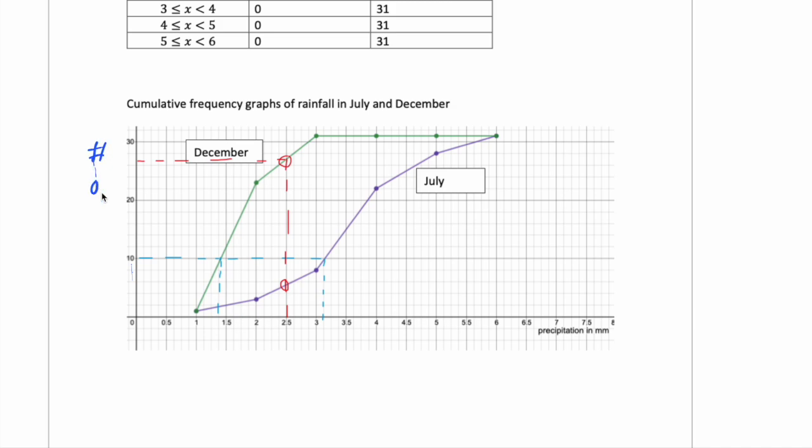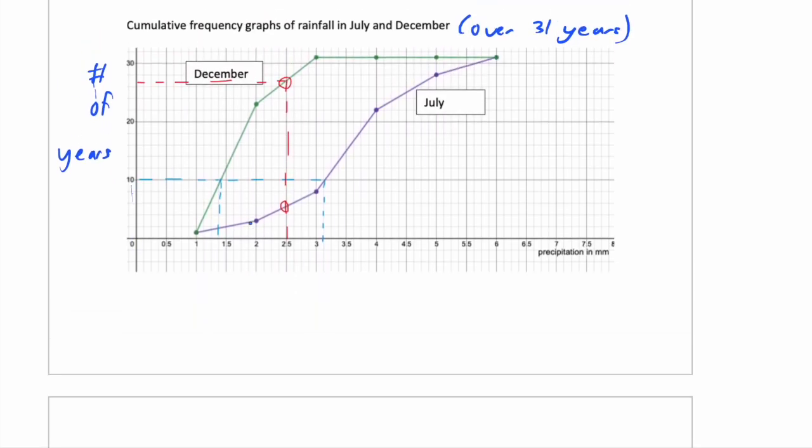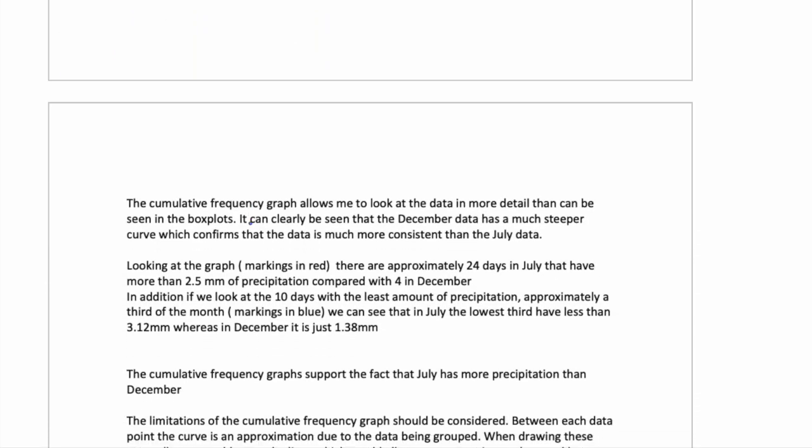I'll write number of years. Okay, but you can write that sideways on Desmos if you want. Cumulative frequency graphs of rainfall in July, and maybe should indicate over, it looks like 31 years. Could be a little bit more specific, okay? Or something like that. Anyway, at least it's got a title.